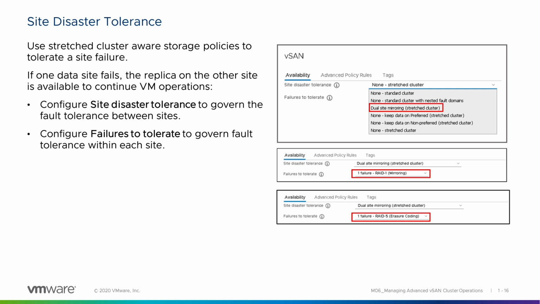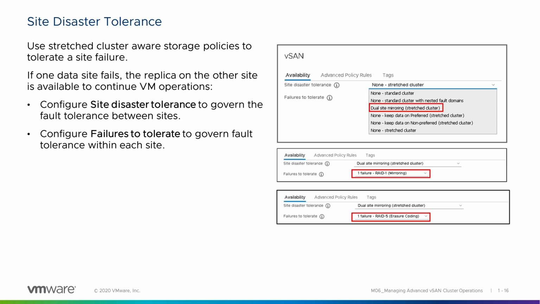So how do I build that type of VM? Notice you have to combine different rules to create a brand new policy. What you would have to do is you would choose under site disaster tolerance the option dual site mirroring. And then when it comes to failures to tolerate, you will use one failure, RAID 1.